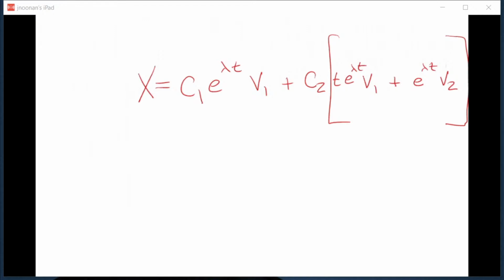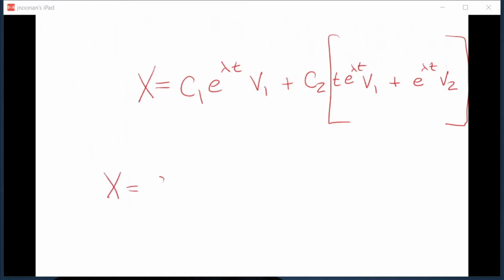Because there's a double root, then this will be a solution to the original differential equation, but you want to correct for the fact that the derivative of this has this. And so that's why you have both of those. So the V1 goes with the t, and then the V2 goes with the non-T.